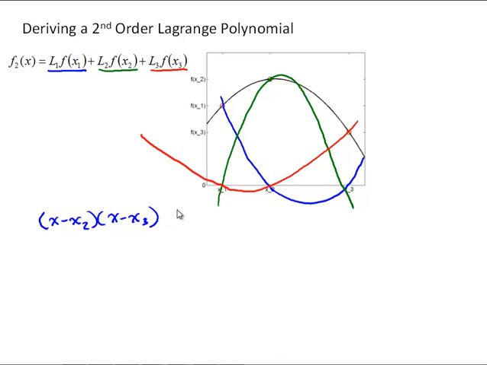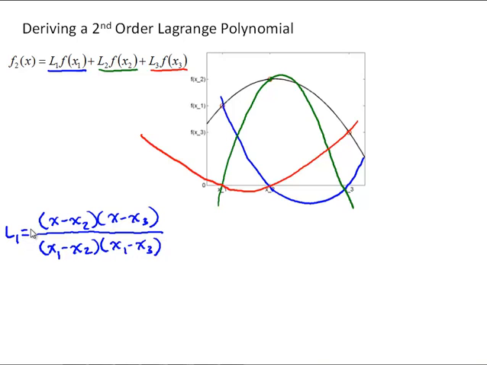So that's going to give us a quadratic second-order polynomial because we have two terms multiplied together, so we'll have an x squared term, and that's going to be equal to 0 where x equals x2 because we'll have x2 minus x2, which gives us a 0 there, and it will be 0 where x equals x3 because we'll have x3 minus x3 equal to 0. So the numerator takes care of getting it to those two zeros, and then what we want to make sure of is where x equals x1, this weighting coefficient goes to 1. So just like before, we'll have x1 minus x2 and x1 minus x3.